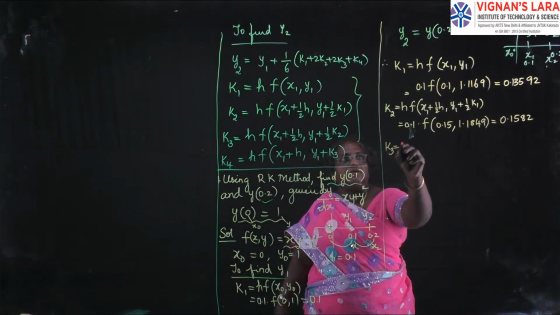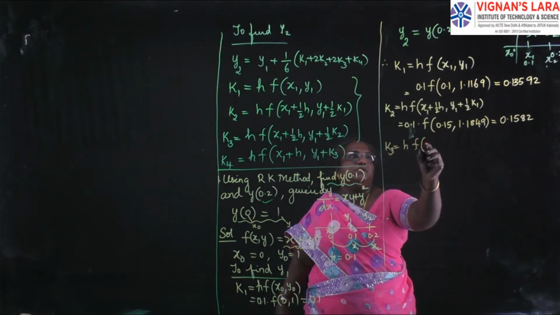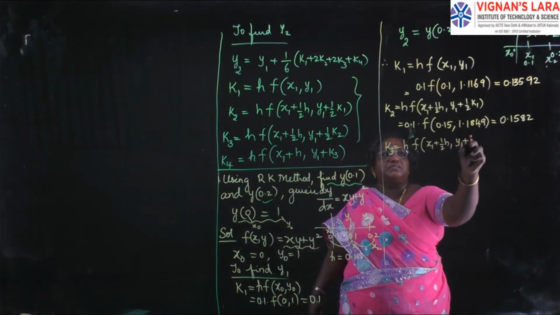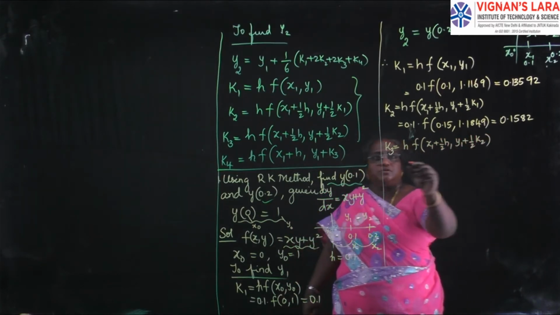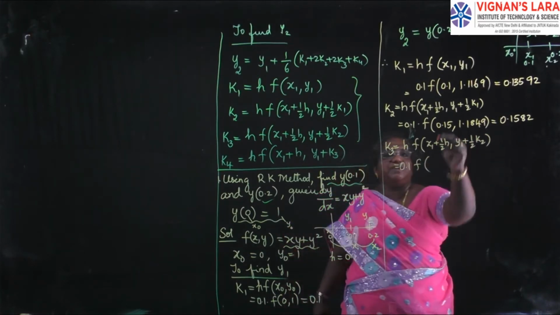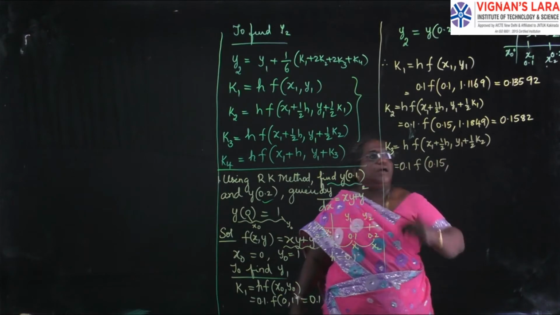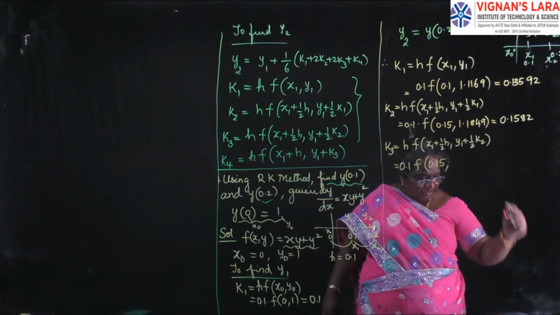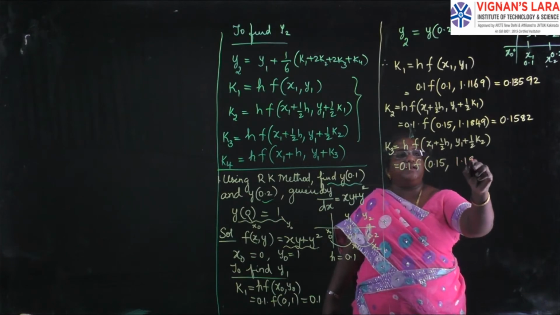k3 is equal to h into f of x1 plus half h and y1 plus half k2. So this is 0.1 into f of x1 plus half h, which is 0.15, and divide k2 with 2 and add it to y1. So it will be 1.196.